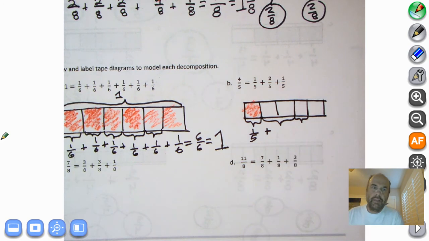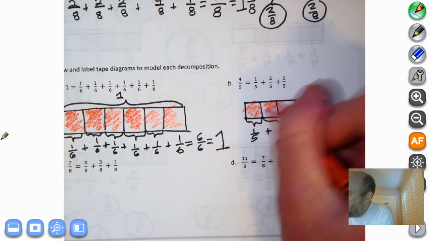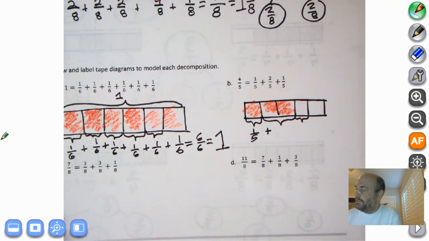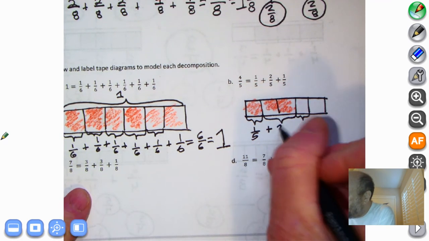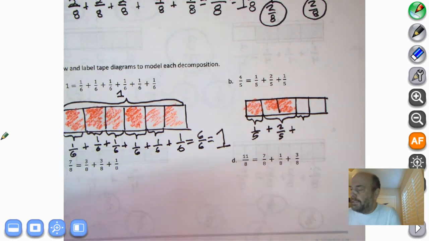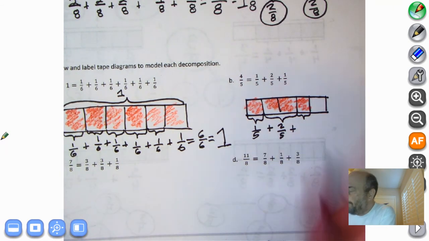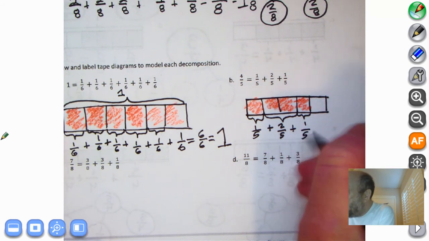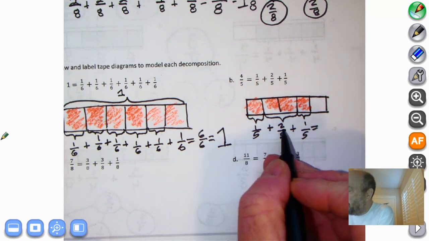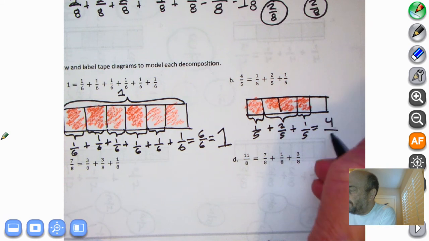Sometimes I like to use different colors for each grouping, but that gets kind of confusing. 2/5 plus another 1/5. And we get 1 plus 2 is 3, plus 1 is 4, and that equals 4/5.